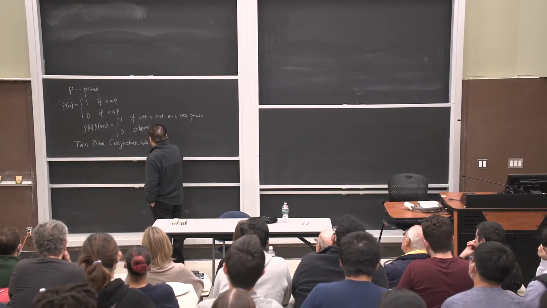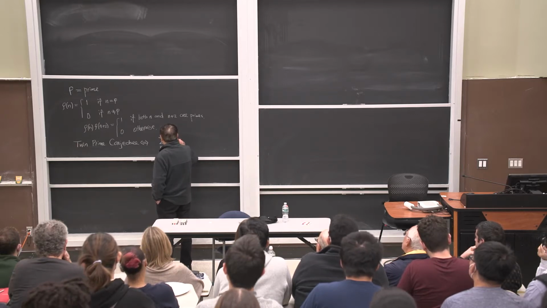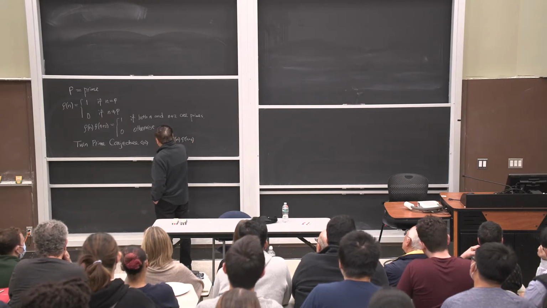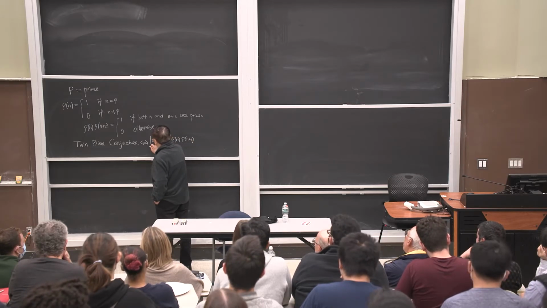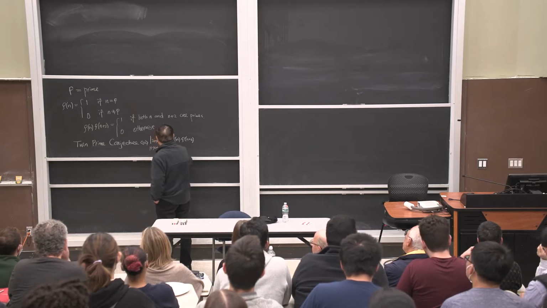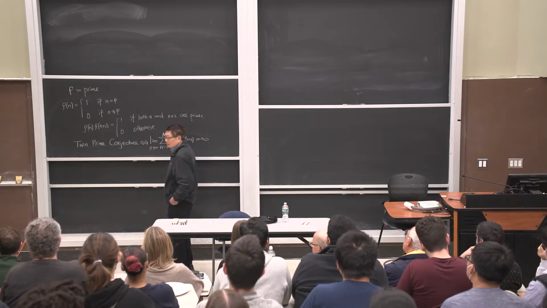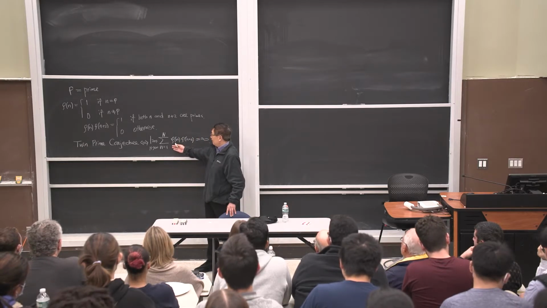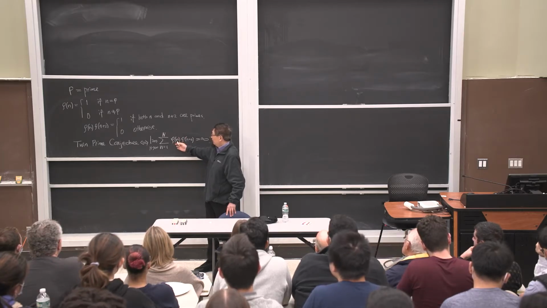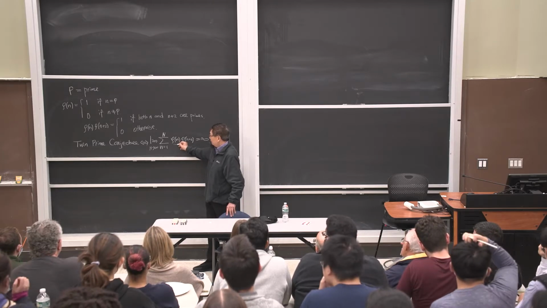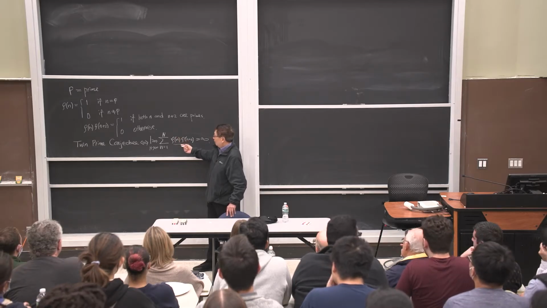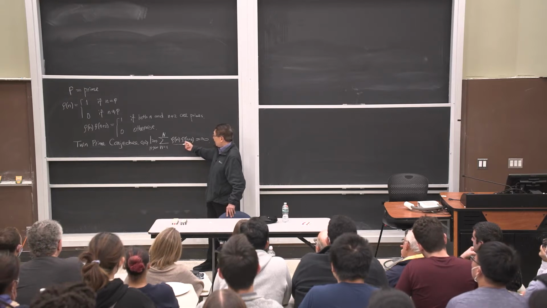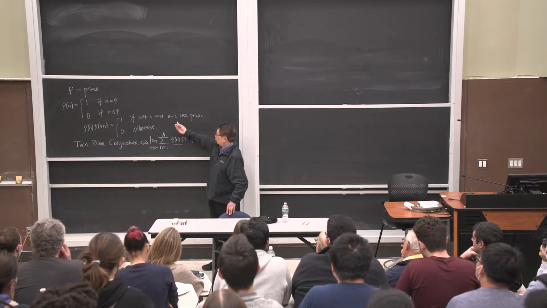Capital N is a large number, in this case approaching infinity. Because in such a case, in the range less than or equal to capital N, there are many terms which are equal to 1. So as N goes to infinity, there are infinitely many n such that this is equal to 1.